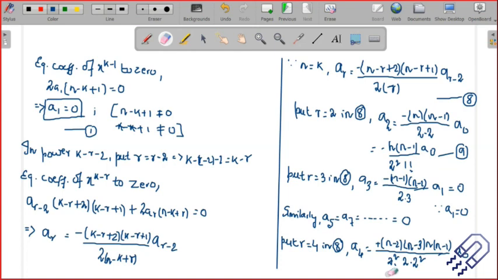There are 5 2's here, so what we can do is write it down as 2 to the power 4 into 2 factorial. 2 factorial is 2, so that means it's fine. So we are getting a pattern here, you see 2 square, 1 factorial, 2 to the power 4, 2 factorial, and so on. So let's mark this as 10.